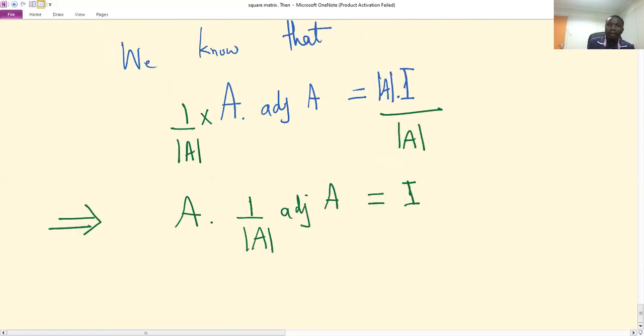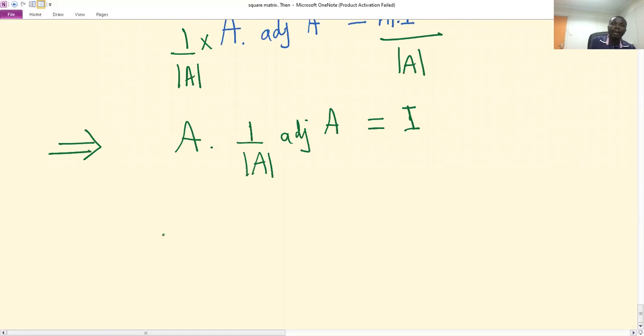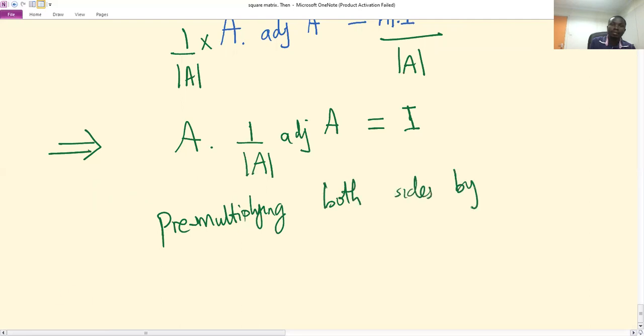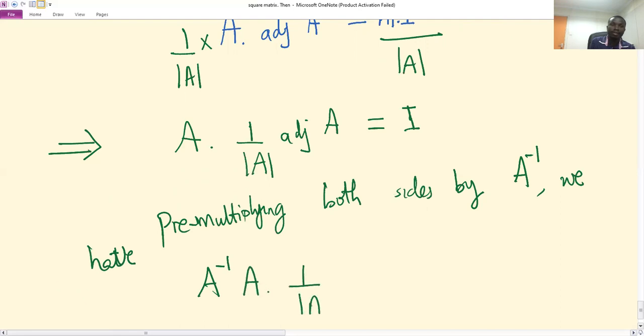Now, pre-multiplying both sides by A inverse, we have A inverse times A times 1 over the determinant of A times adjoint of A equals A inverse times the identity matrix.